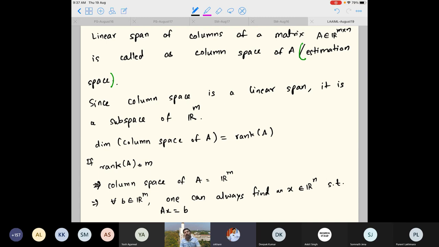Because the column space of A is actually the entire space Rm. That means every vector in Rm can be written as a linear combination of columns of A. So for every possible right hand side b, you can always find x such that Ax is equal to b. So far so good. Now why do you think the solution is unique? Somebody said unique solution. Why is the solution unique here?